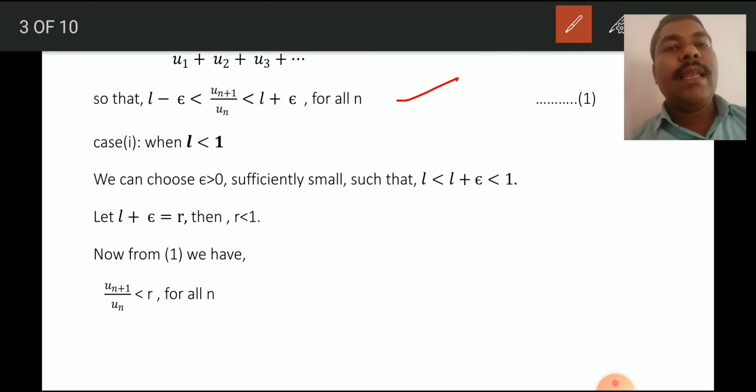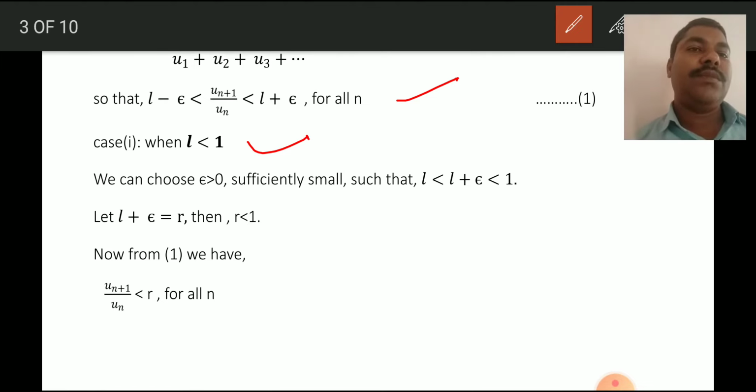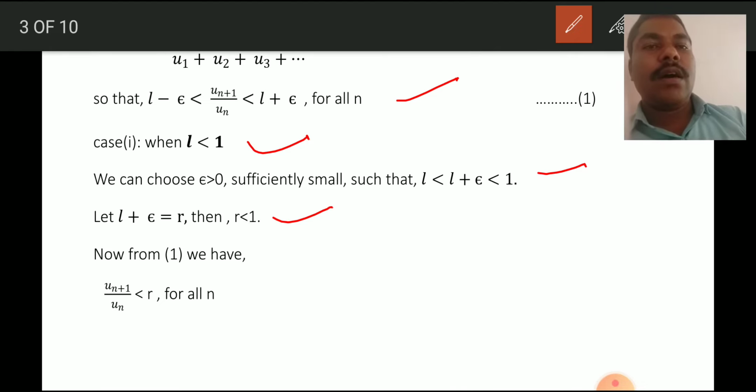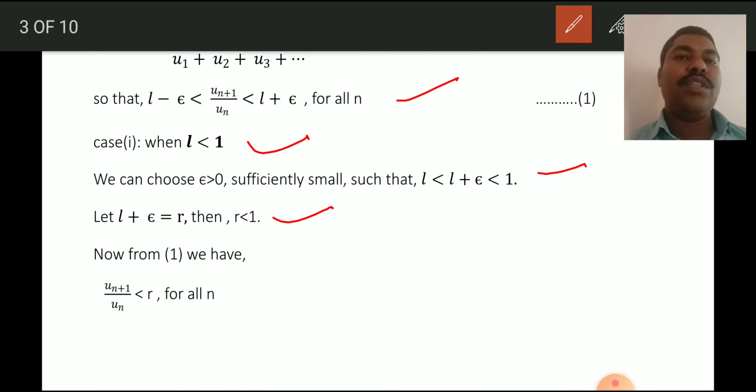When L is less than 1, we can choose epsilon greater than 0 sufficiently small such that L plus epsilon is less than 1. Let L plus epsilon be equal to r, then r is less than 1. Now, from equation 1, we have un plus 1 by un less than r for all n.